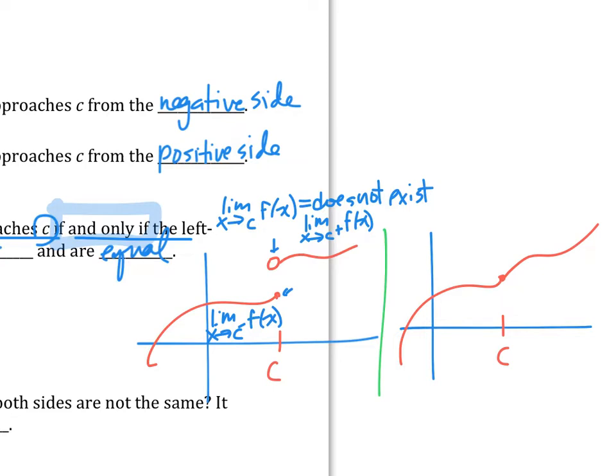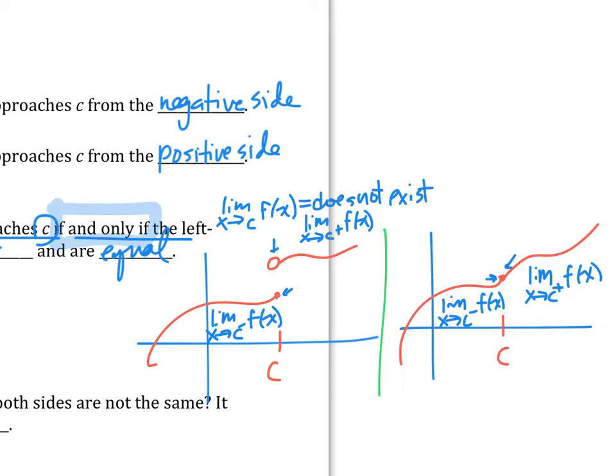Now for this graph on the right, let's look at it. Limit as x goes to c from the left hand side. As the graph is going to c from the left hand side, does the limit exist? Yes, right here. Does the limit as x goes to c from the positive side exist? Yes, right here. So that's the first part.